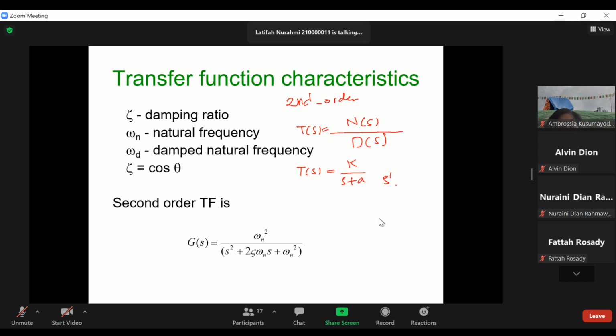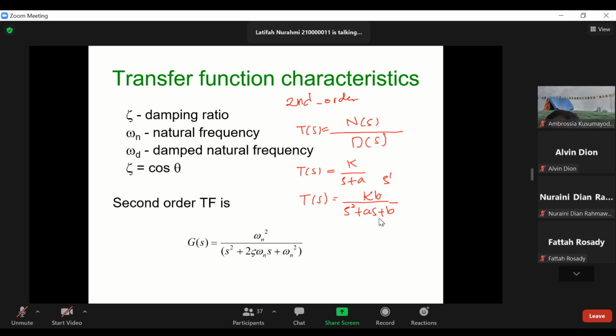That's why we call it a first order system. For the second order system, you have more than 1. We call it a second order, so the power is s power 2 plus a s plus b, for example, like this. Okay. And the numerator can be anything, from k to k times b and so on.